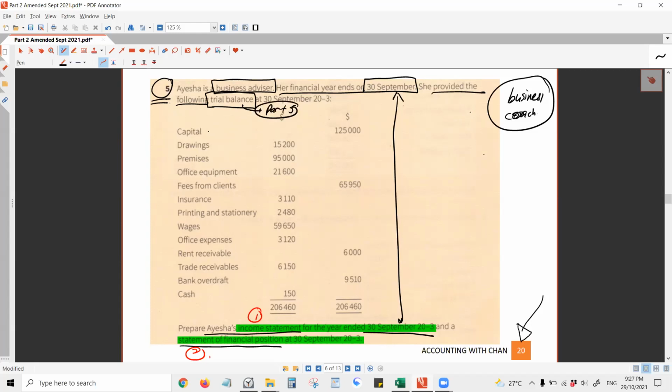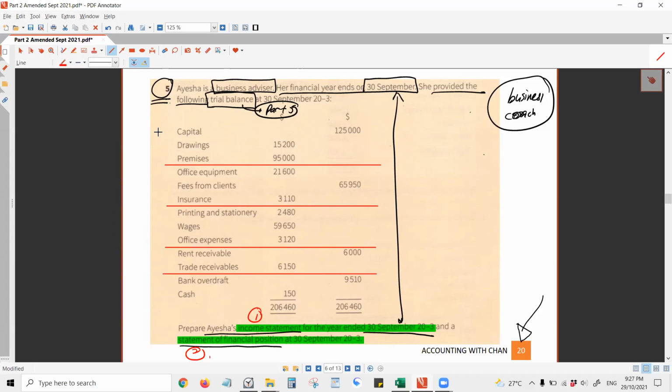So what capital is this? Opening, right? This is opening capital. Drawings, premises. Let's classify, shall we? Also follow the rules. Draw lines, put the numbers into batches so you would not take the wrong figure.